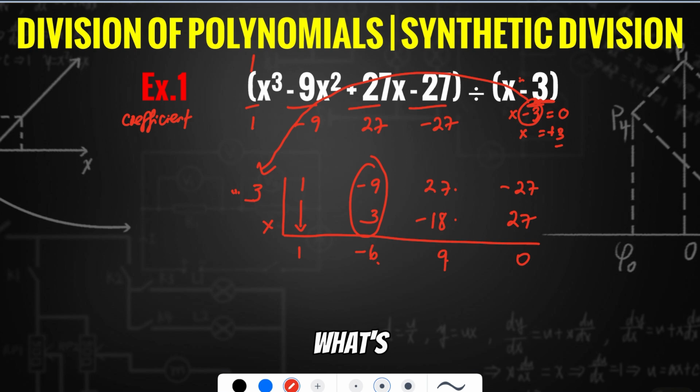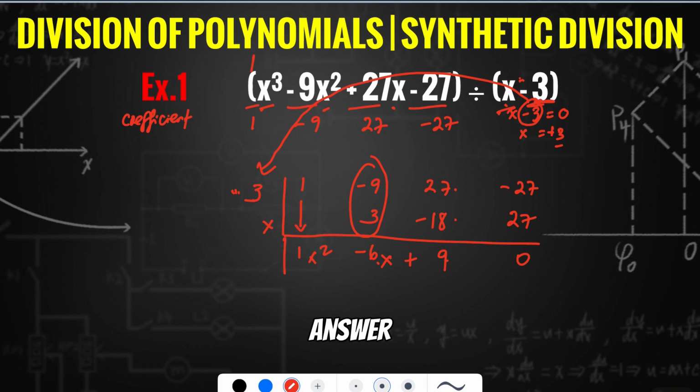So, what's next? Divide your variables, including the power, with the first term. So, x cubed divided by x, x squared. X squared divided by x, x. Then positive. X divided by x, 1. So we write nothing there.